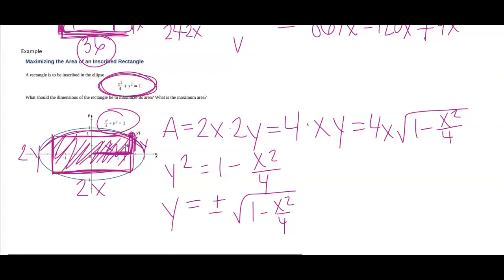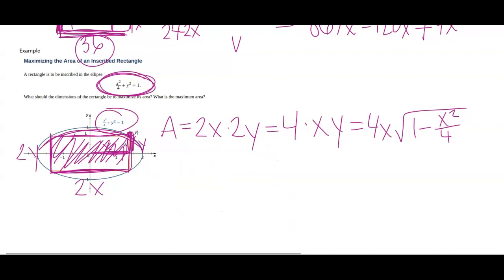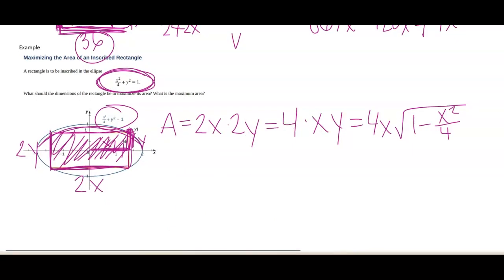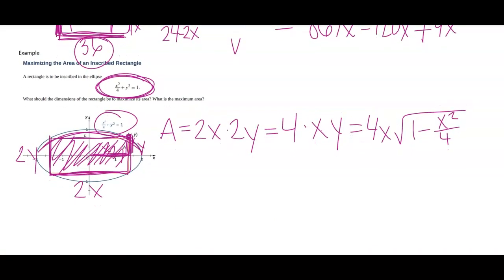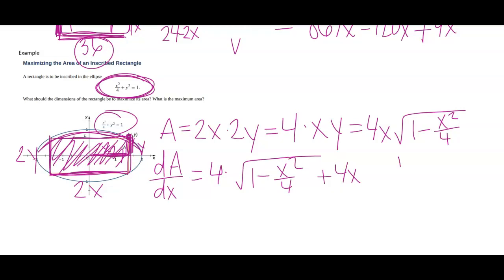All right, let's go ahead and take the derivative. I'm going to take this step away that I solved for, so I have room. There we go. All right, and so I need to take the derivative of this with respect to x. So derivative of the first times the second plus the first times the derivative of the second.